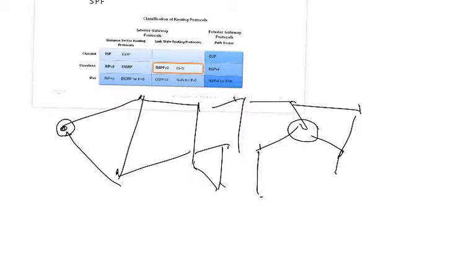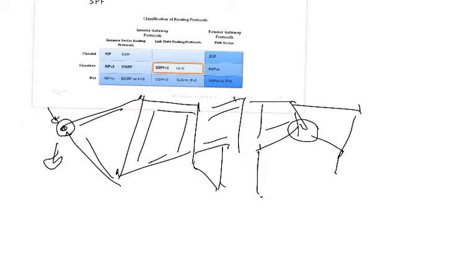Okay? Using link state, using the Dijkstra algorithm, we will run this algorithm at this point, and it needs to have the information of all these links of the entire network, which means that it's a centralized algorithm. It takes all the information from the entire network, and then it runs one algorithm to calculate the best path.